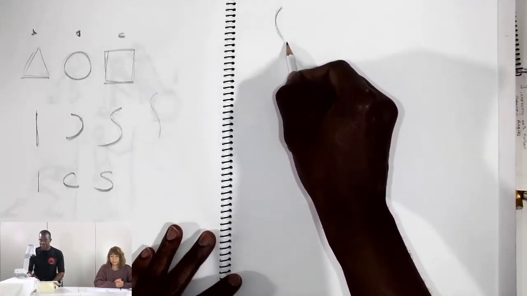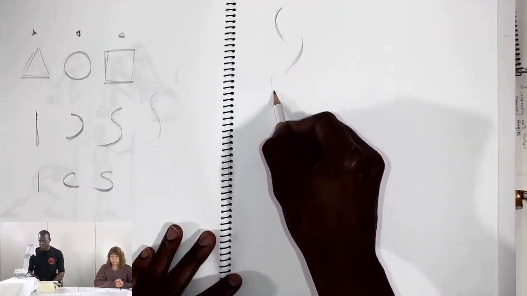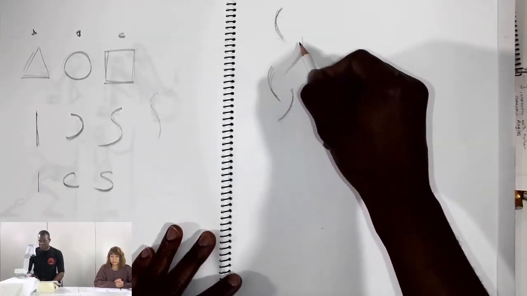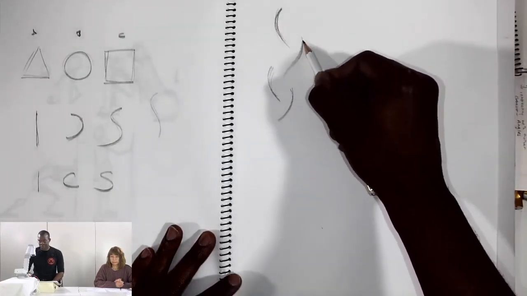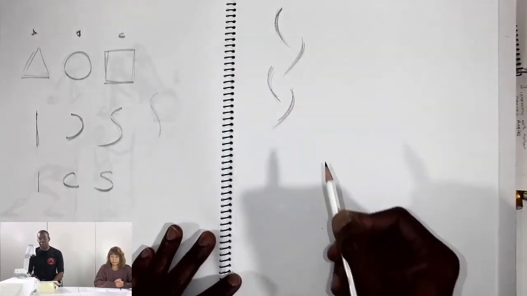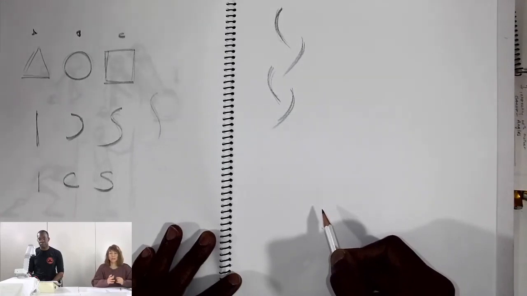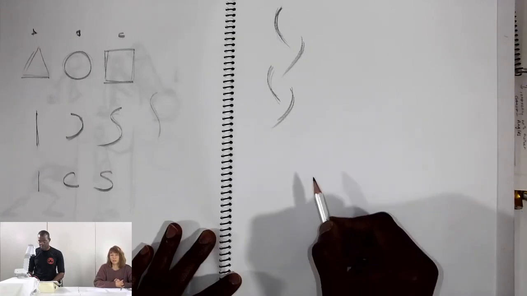So some people call it the opposite C theory. I have a C going this way, and then a C going this way, and then a C going this way, and a C going that way. Of course, these are very large C's, but you can see that this is going to this, going to that, right?